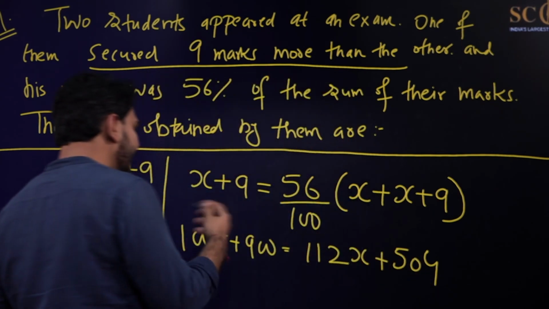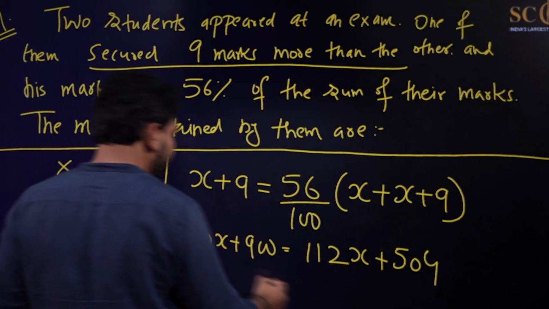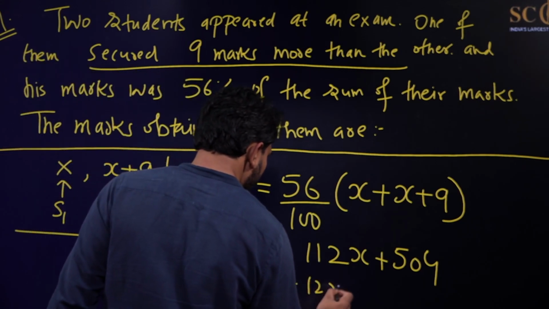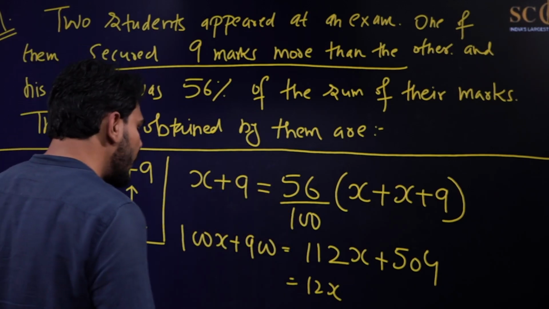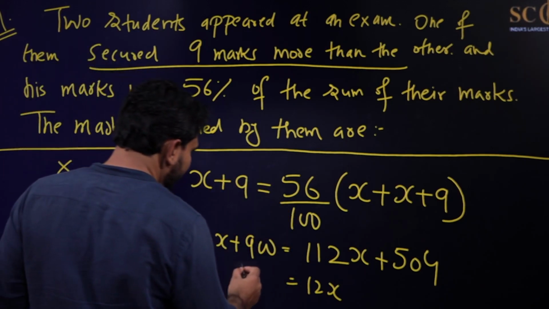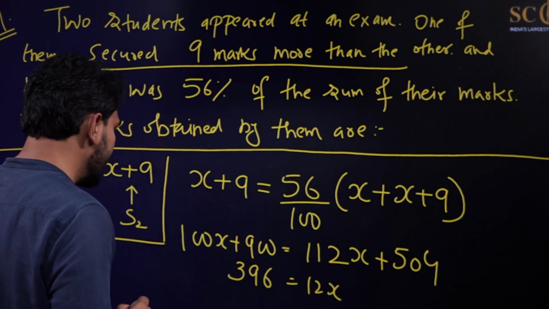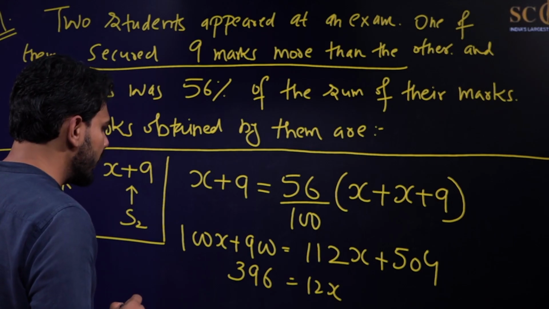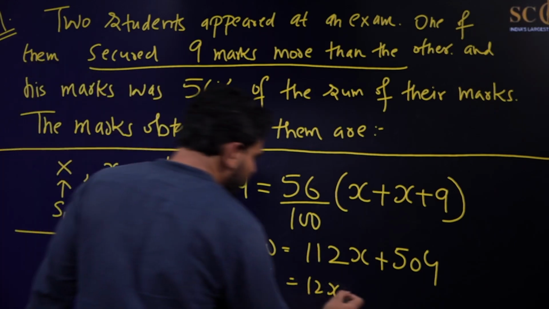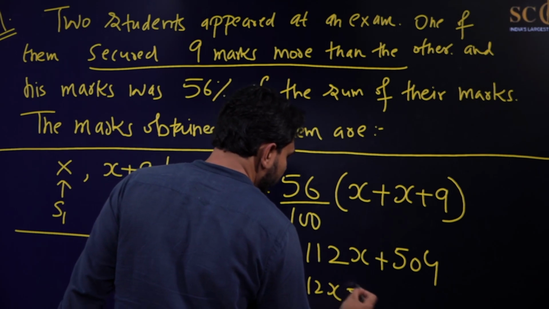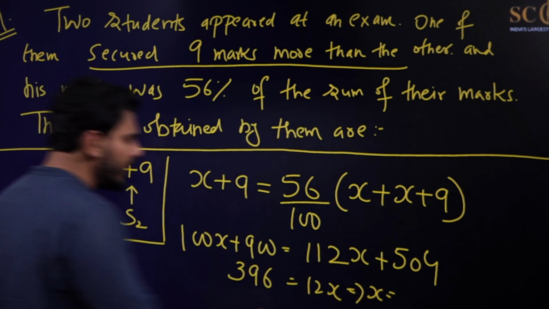Now you will take x on one side and the other values on the other side. 112x minus 100x will be 12x, and 900 minus 504 will be equal to 396, if I am not wrong. Now what will be the value of x from here? If you divide 396 by 12, you will get 33.